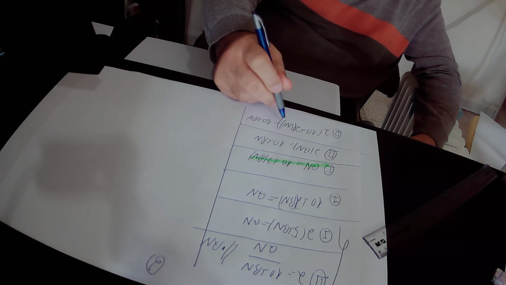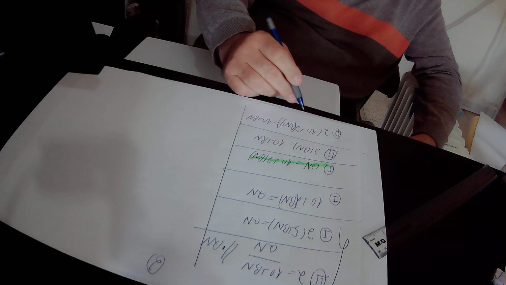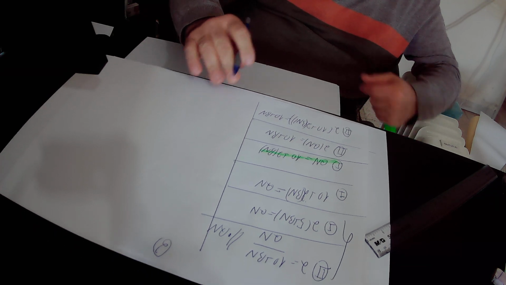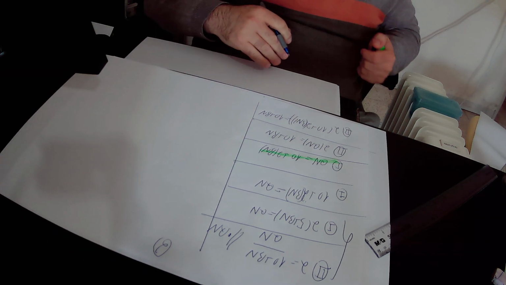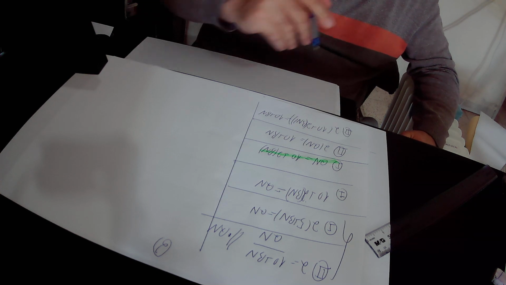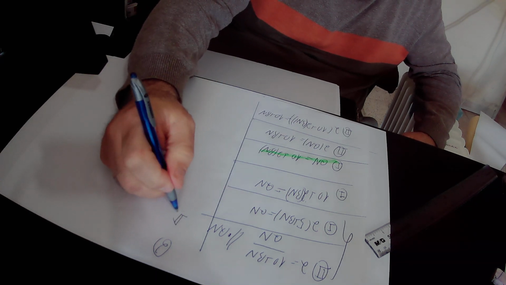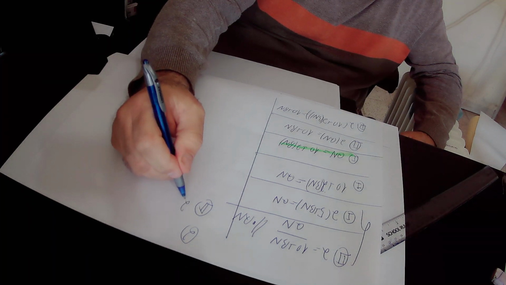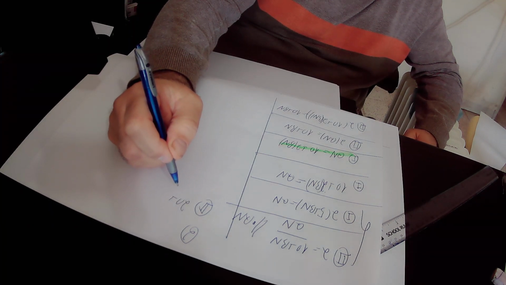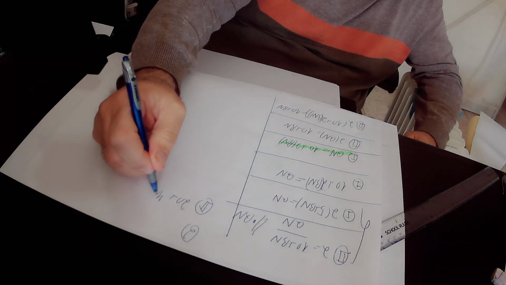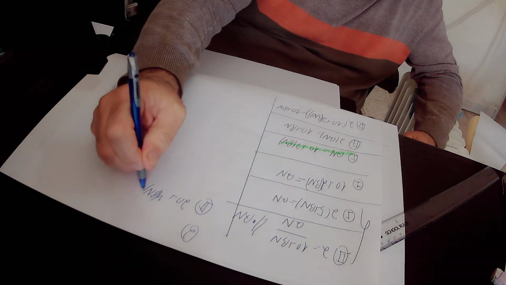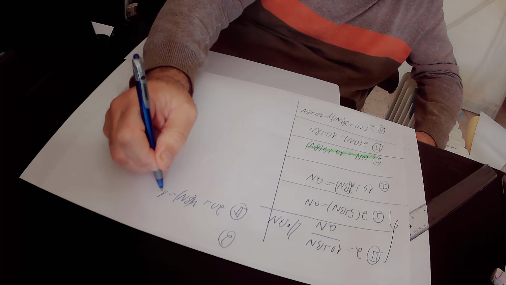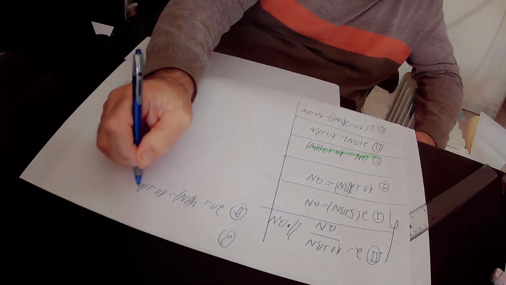Here we open the brackets on this side of equation number 2, and we find out that 2 times 10 is 20, plus 2 times 2BN is 4BN, equals 10 plus BN.